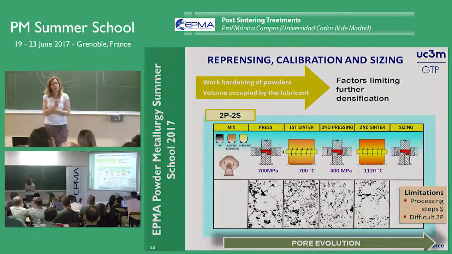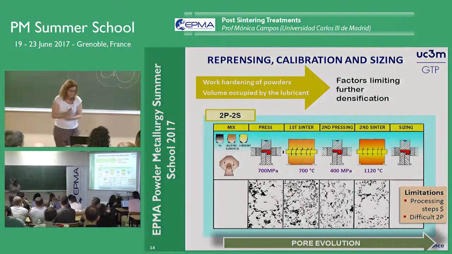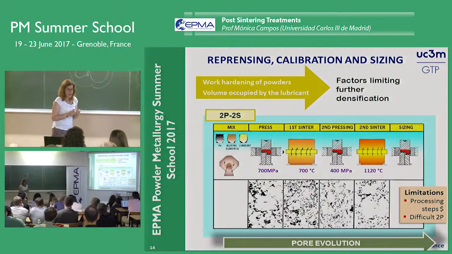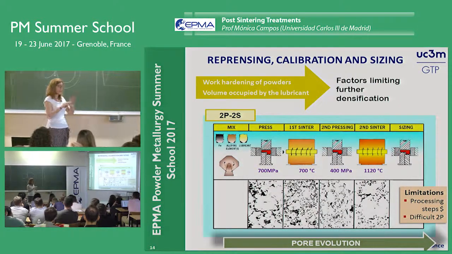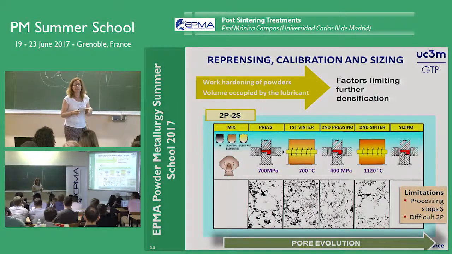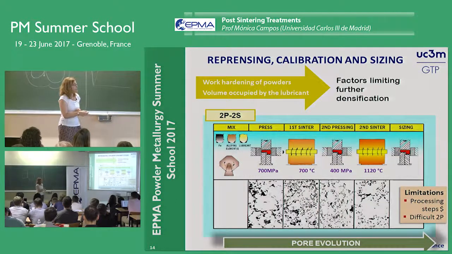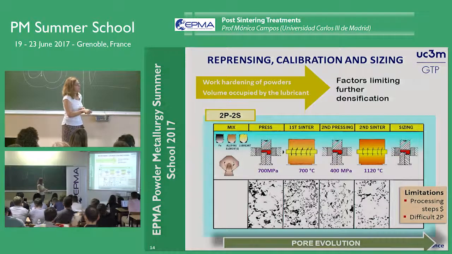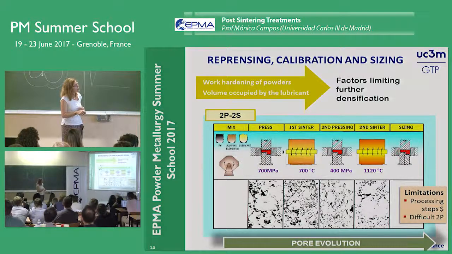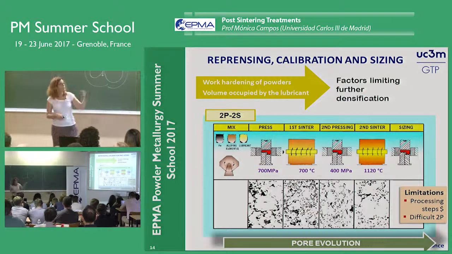What happens if we want to make this second press and sintering process? Let me point out what happens if we have a steel. Imagine a steel, it doesn't matter the composition, but we have graphite inside. We have carbon addition, okay? Then we are going to mix everything and press. This is the final microstructure after pressing. And then we have to sinter. But to sinter, look at the temperature.